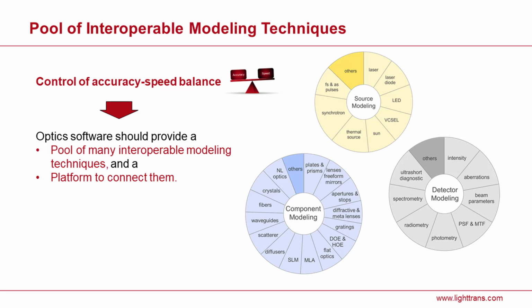And it may even happen that for a single system, the accuracy and speed requirements may change over time, or for different types of measurements, as we're actually going to see in some of the examples. And so a different selection of algorithms will be applicable at different points, even for a single optical system.